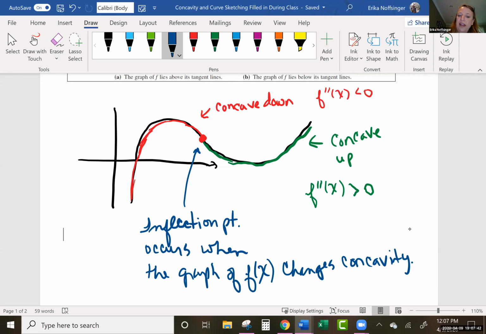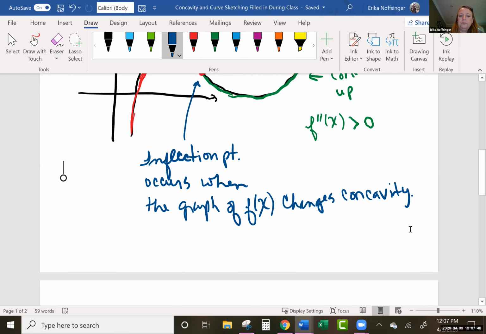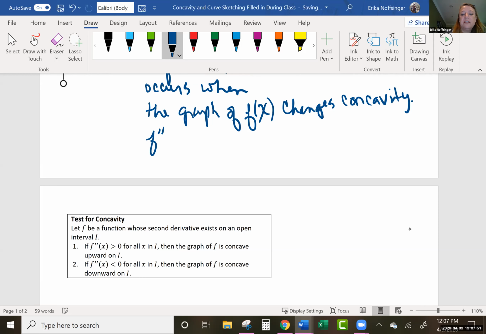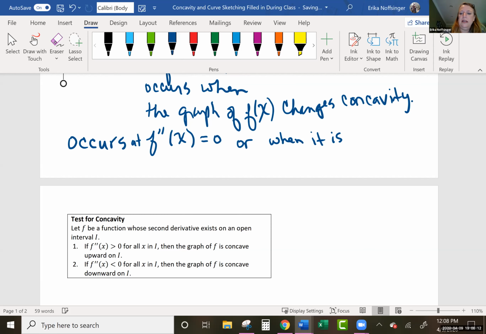And so this is when f double prime of x, the double derivative, is equal to 0, or when it is undefined, and it meaning the double derivative. So just kind of like when we were doing increasing and decreasing with the first derivative, we also looked at when that was undefined.